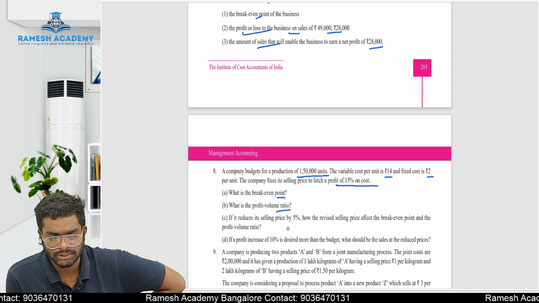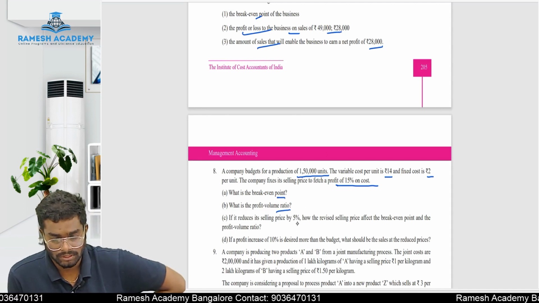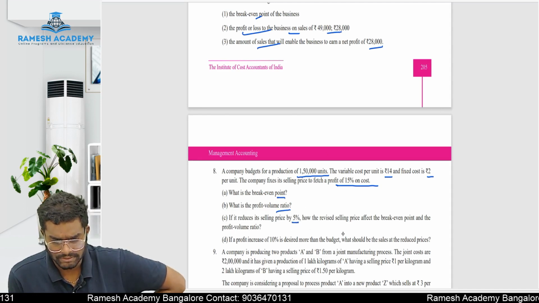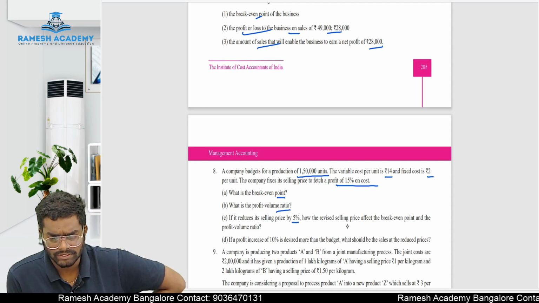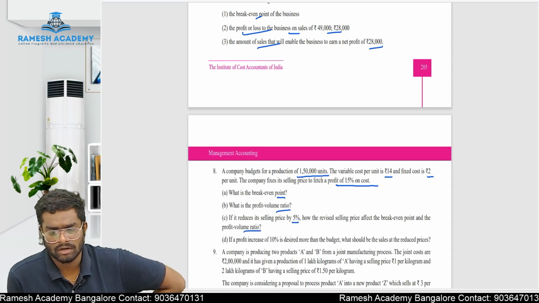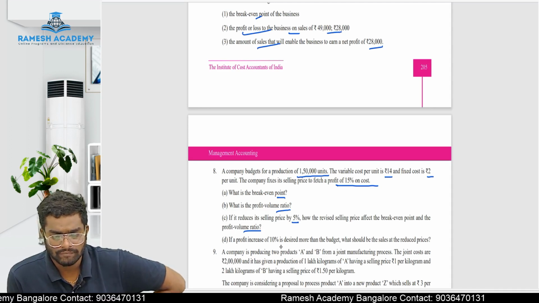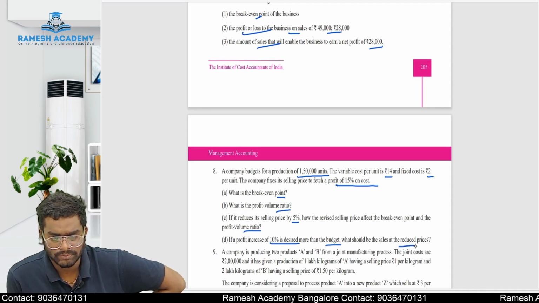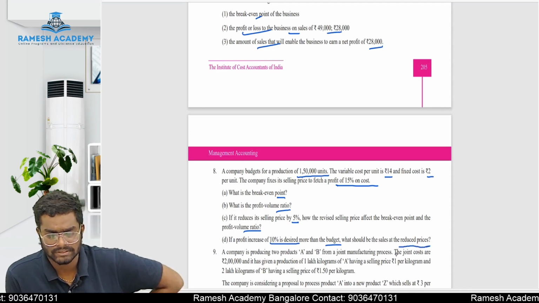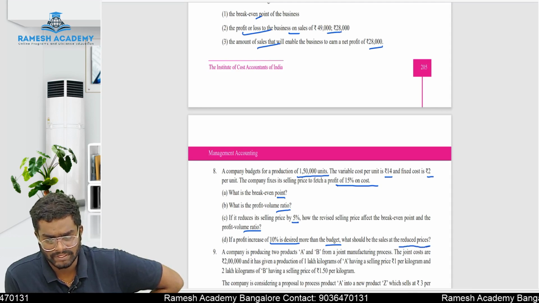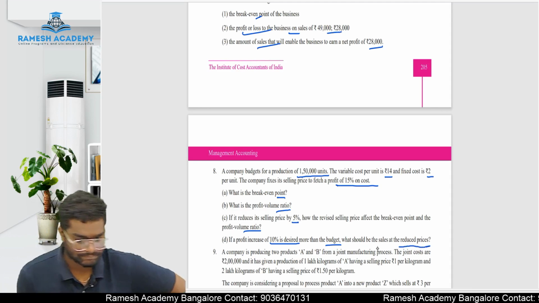What is the PV ratio? If it reduces the selling price by 5%, how does the revised selling price affect the break-even point and the PV ratio? If a profit increase of 10% is desired more than the budget, what should be the sales at reduced prices?